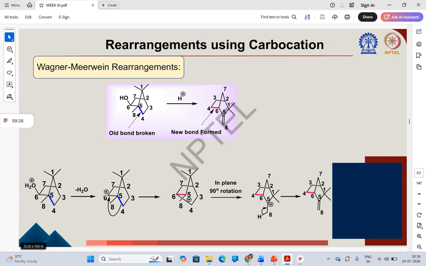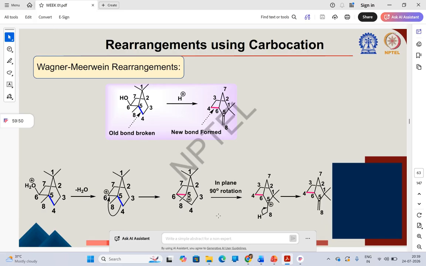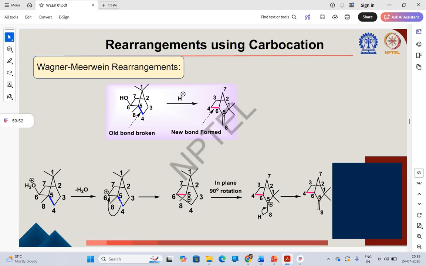Because if it migrates, the double bond will come on the bridgehead position, which is not a stable product. So this 4-5 bond will break and migrate here, and it will form this intermediate.